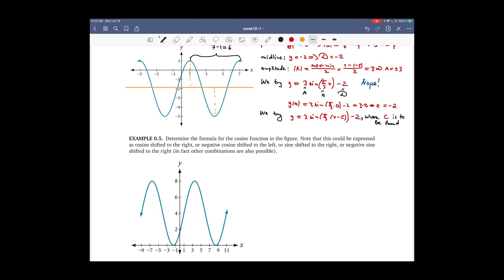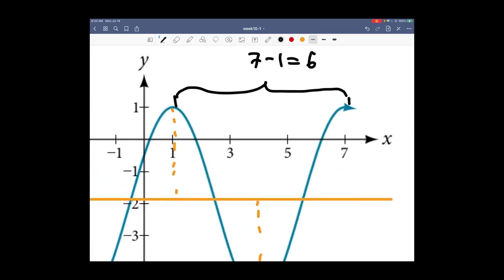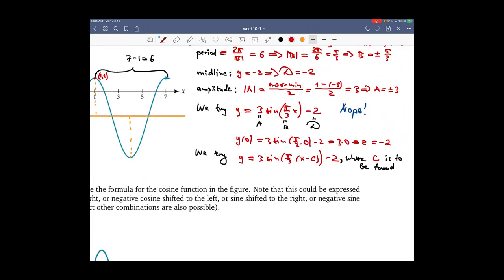To find this unknown value C, I will, of course, use some of the points on the graph. Typically choose the one that's easy to identify. It seems like it's easy to identify 1, 1. So it should be enough information to find C if we know that on the graph, y at 1 equals 1.